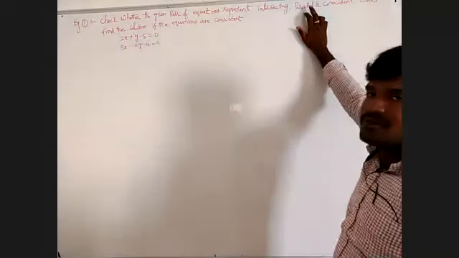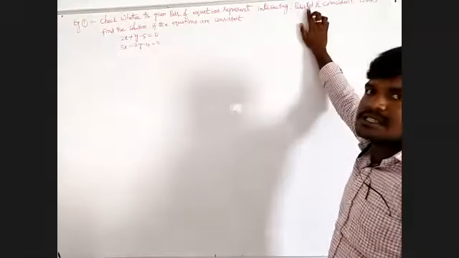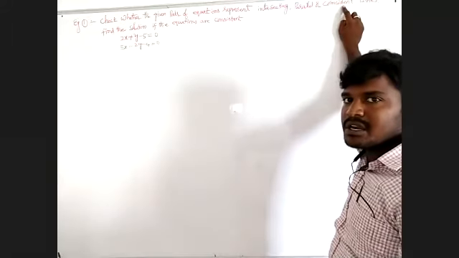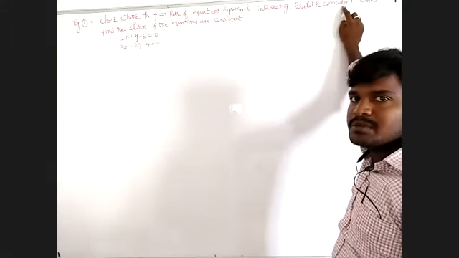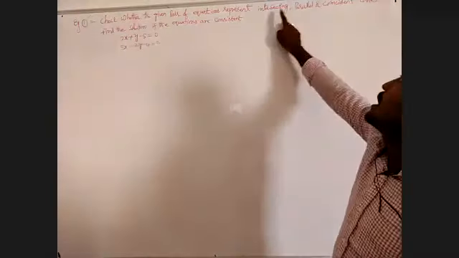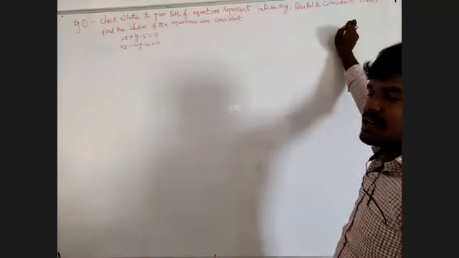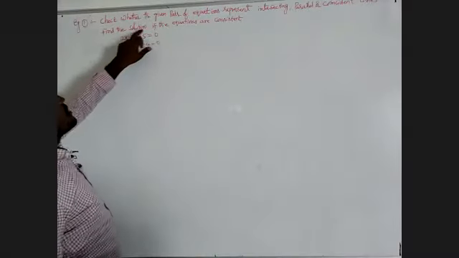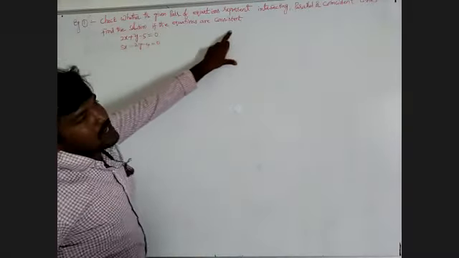Coincident lines mean a1 by a2 equals b1 by b2 equals c1 by c2. We also have to find the solution if the equations are consistent.